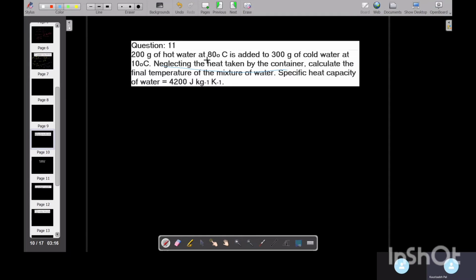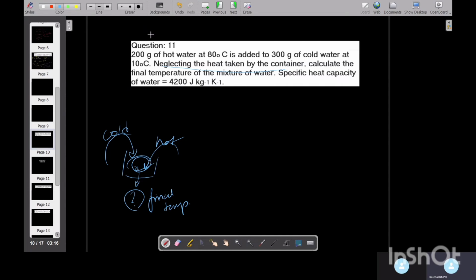First there is a container in which they pour hot water, then they pour cold water in it, and these two come to a final temperature, which they have asked us to calculate. That is what we need to find out.